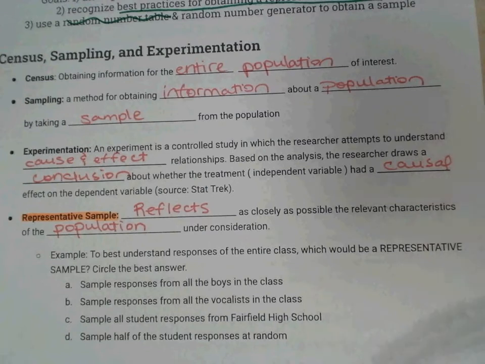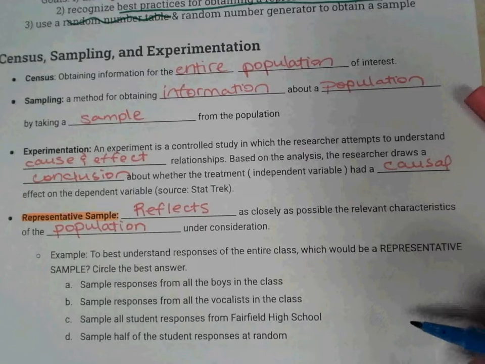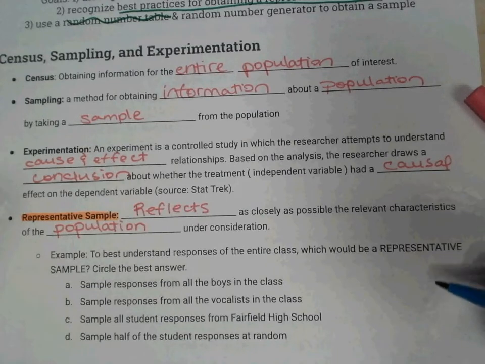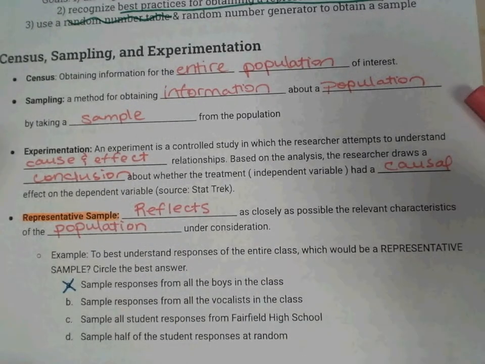Okay, example: to best understand responses of the entire class, which would be a representative sample? Circle the best answer. There's only one. That means three are wrong. Sample responses from all of the gentlemen in the class. Would that be a representative sample of the whole class? Nope. What about sample responses from just the vocalists in the class?